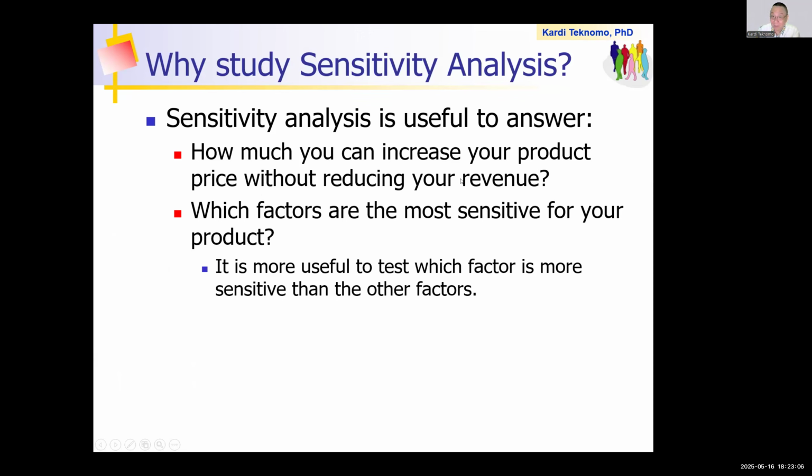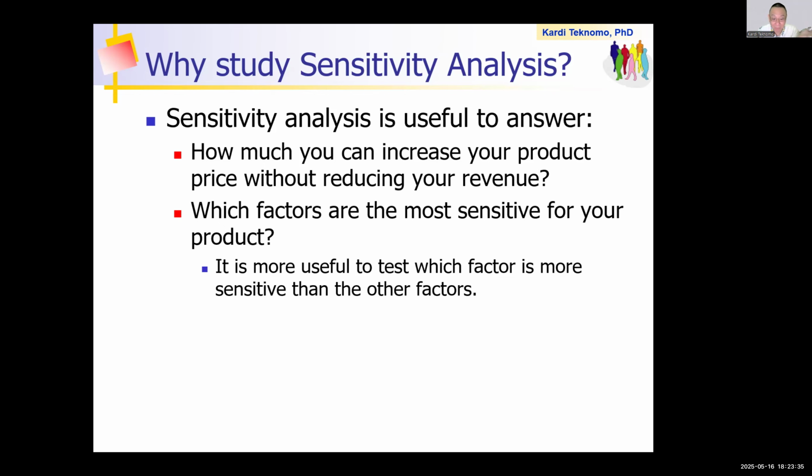The product price in transportation is called fare. If you want to increase your bus fare or MRT fare or jeepney fare, what is the impact? Will the number of users change or not? Say you want to change the parking fee or gasoline price, what will be the impact?